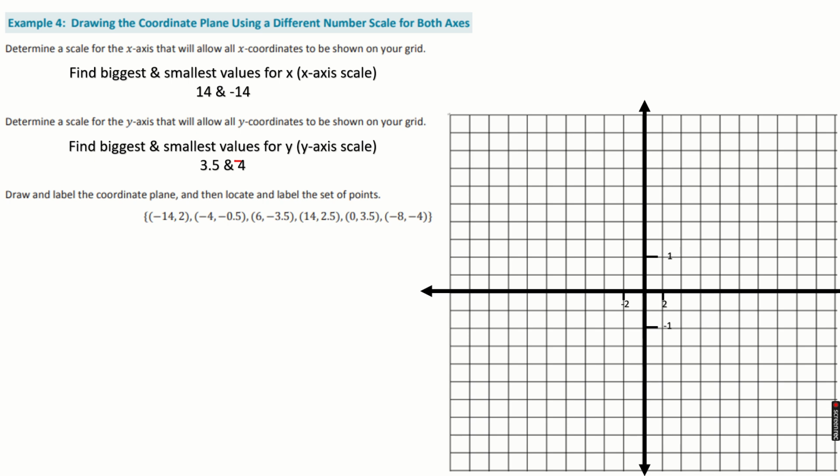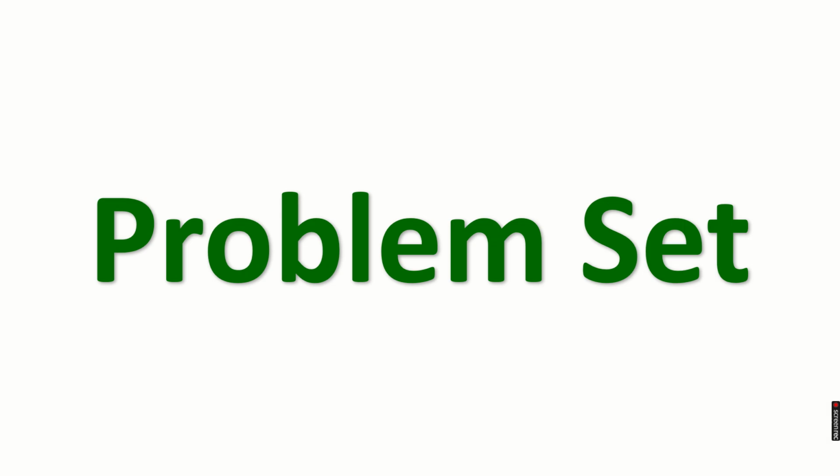First point is (-14, 2). Then I've got a (-4, -0.5). I have a (6, -3.5). I have a (14, 2.5), a (0, 3.5), and my last one is a (-8, -4). We're off to problem set.